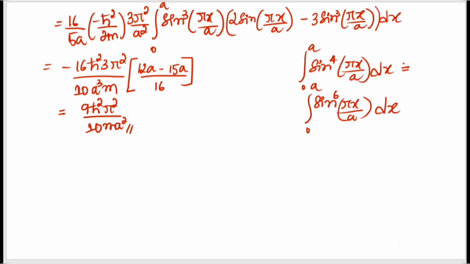For the first one, the value of sine to the power of 4 is equal to 3a divided by 8. And for sine to the power of 6 pi x divided by a, the value is 5a divided by 16. We must know these values. After applying, we got this answer.